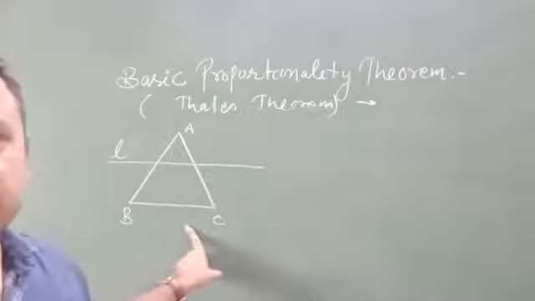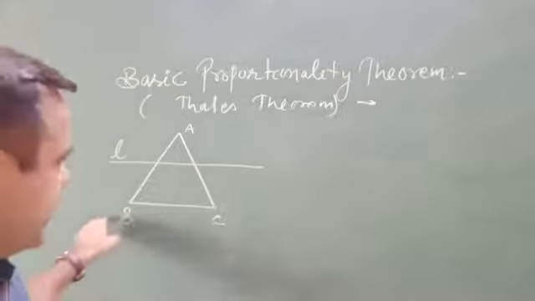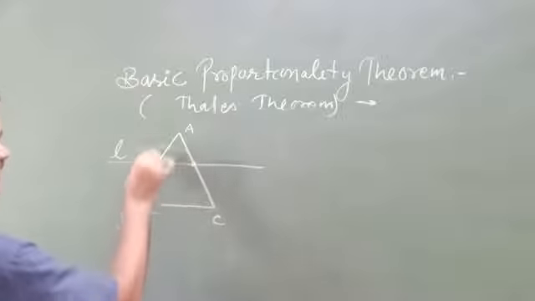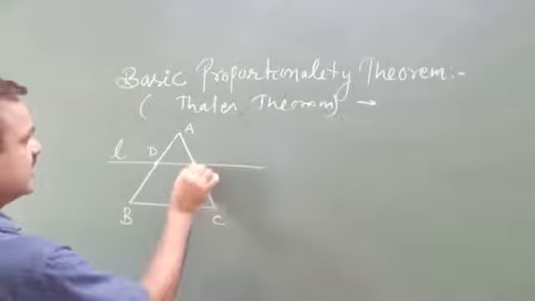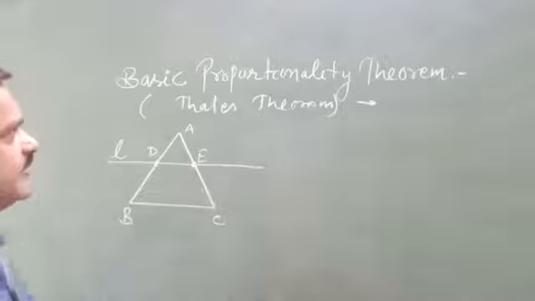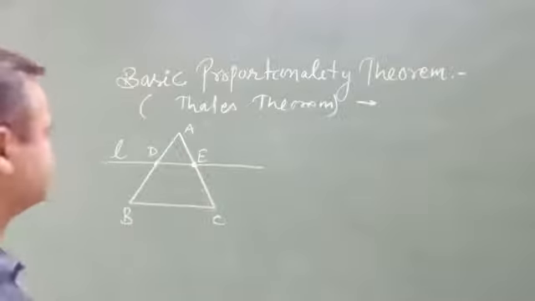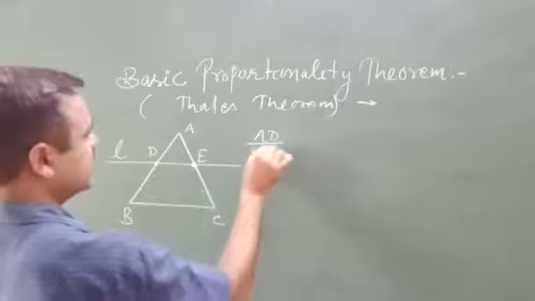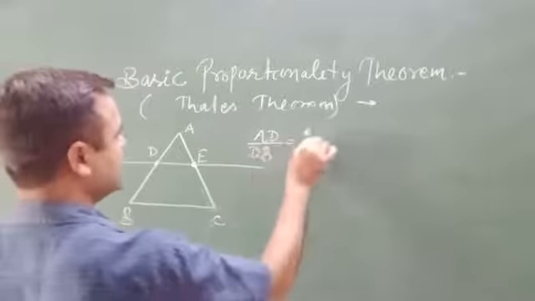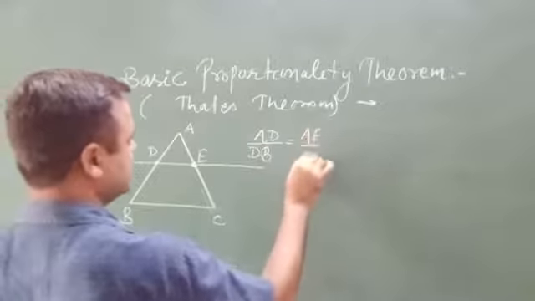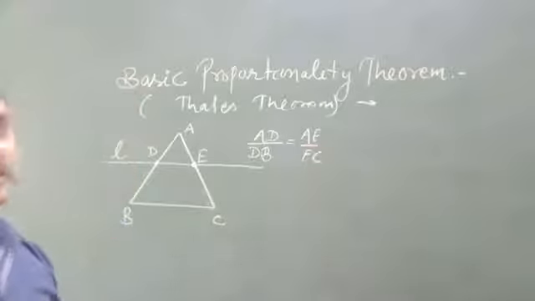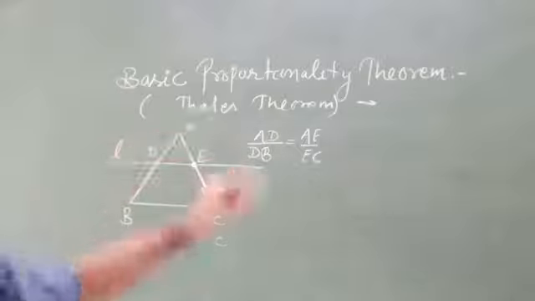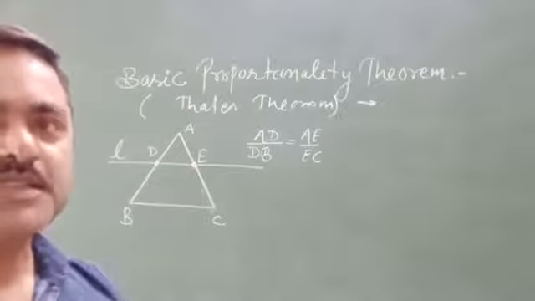It is given that the line L, parallel to BC, intersects AB at D and AC at E. Then, according to this theorem, AD upon DB equals AE upon EC. This is the Thales theorem, or basic proportionality theorem.